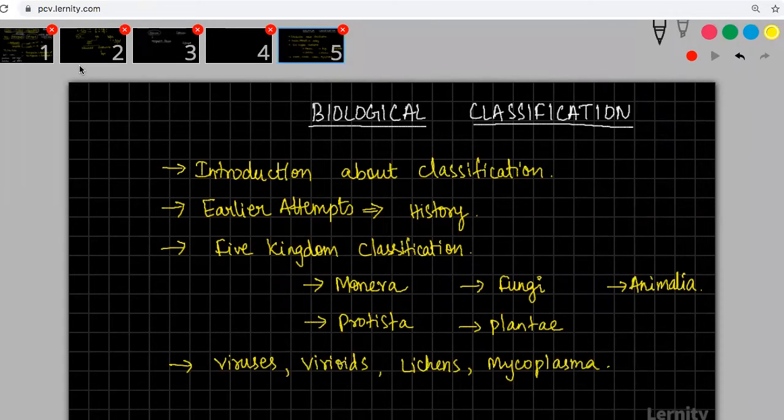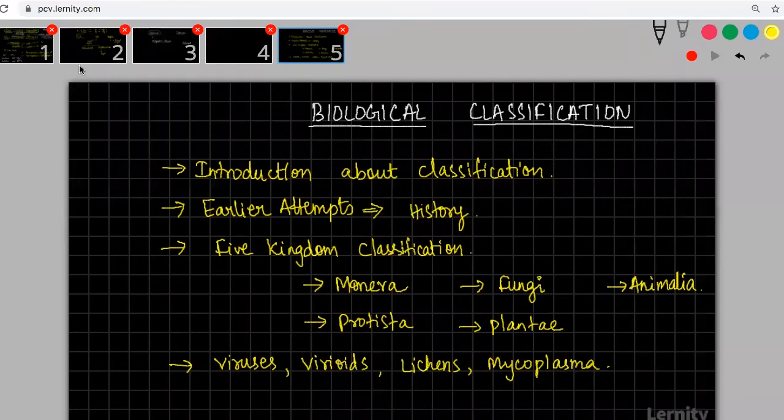Actually, now we don't follow the five kingdom classification. We'll go for the 3 domain classification. Okay. So the latest trend is the 3 domain classification. We generally are not going into this. You should be writing this because this is like notes.